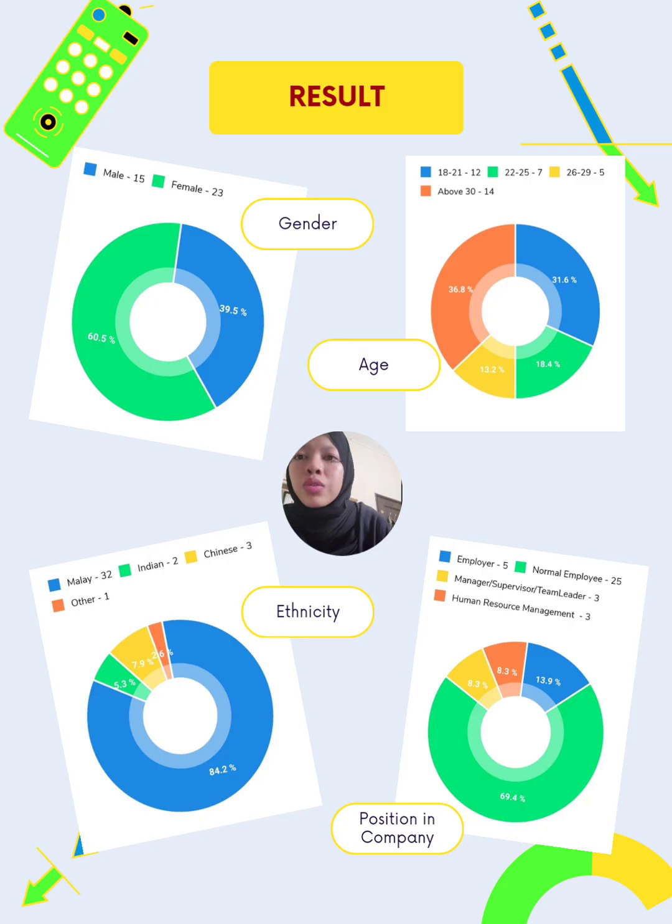So from here, this is part one of the survey questionnaire, which is on the demographic. Okay, the first one is gender. We can see here for the gender, there are more females than males in the data collected.